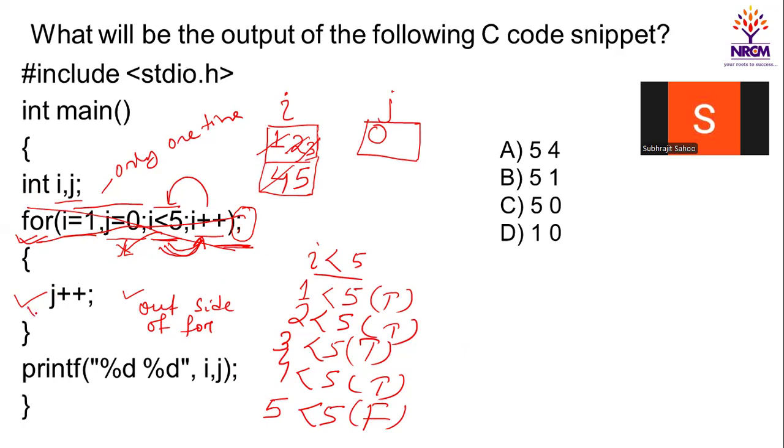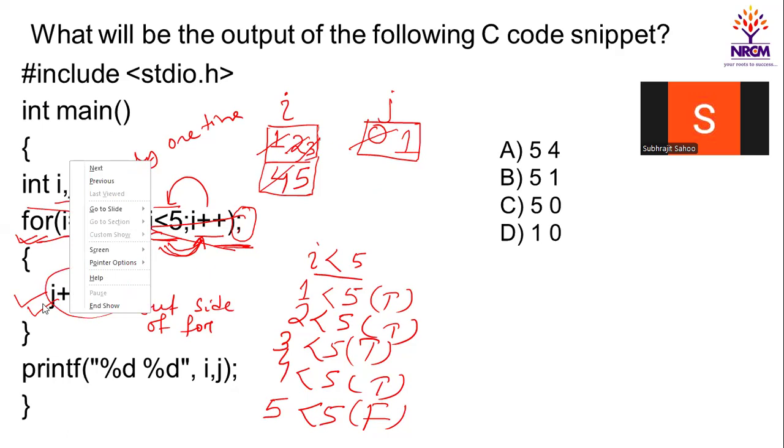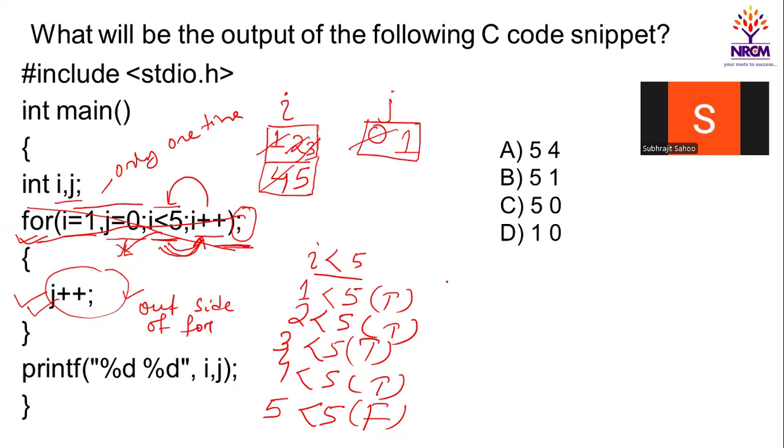Then this statement will be executed: j plus plus. What is the j value, sir? The j value is 0. j plus plus means j will become 1, because there is only one statement here. The j increment happens only in this line. That's why it is increased to 1.